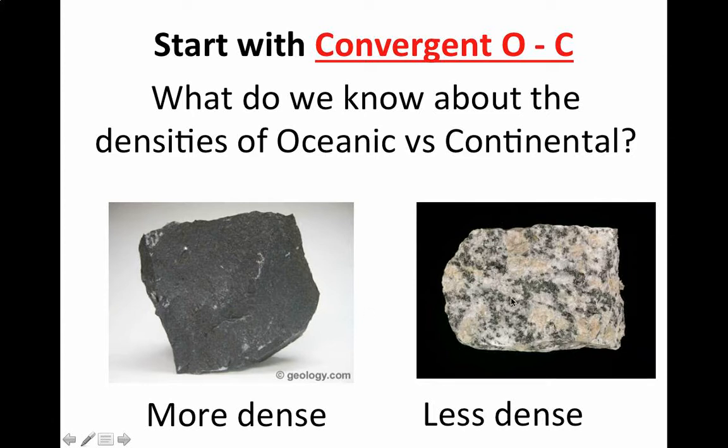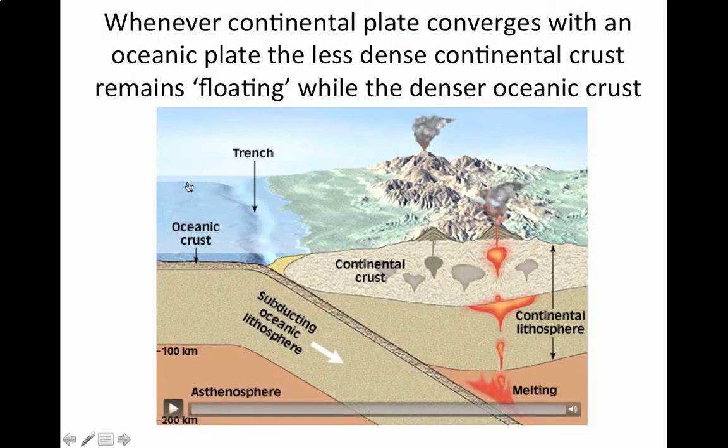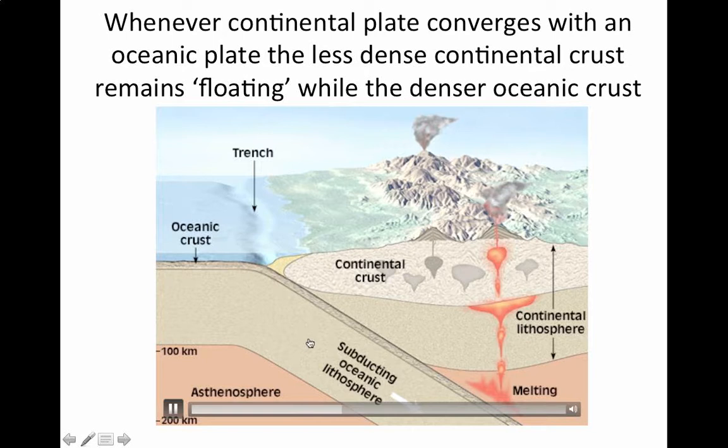Granite crust, less dense. So as these two crusts interact, we tend to see the more dense plate being pulled down underneath the less dense plate, which in this case happens to be the oceanic crust being pulled down underneath the continental crust. So we can get a little visual of what that looks like sped up over time.